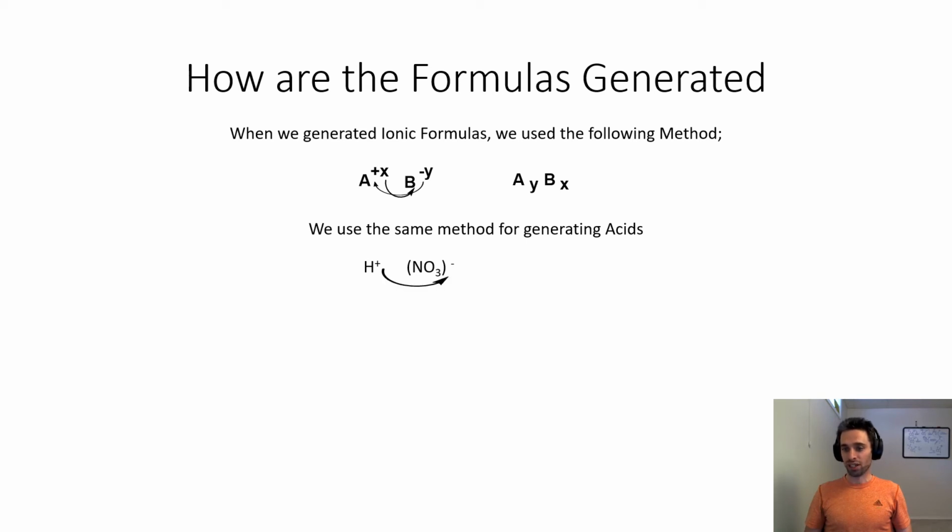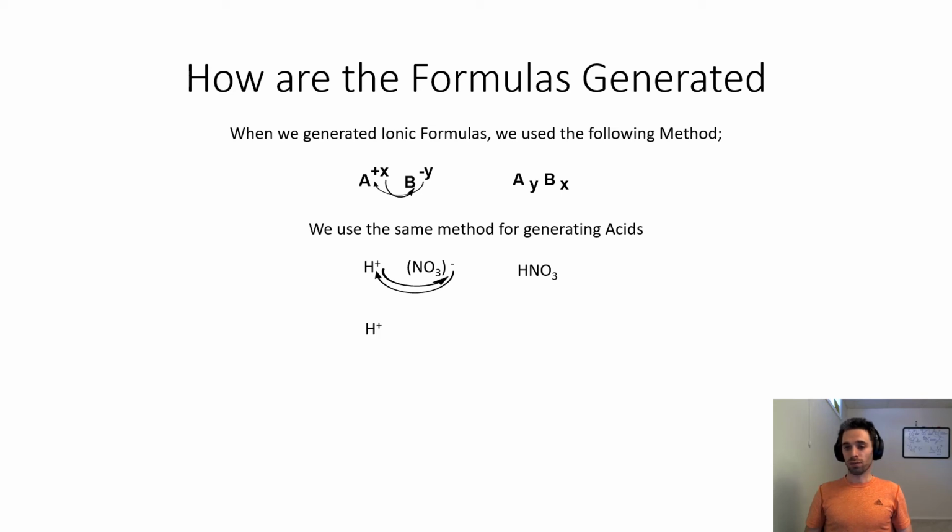The +1 charge, or positive x, so to speak, will go in front of the NO3 anion, and the negative charge, being negative y in the example above, will go in front of H. This will simply just give us HNO3. Notice how the 3 doesn't change.